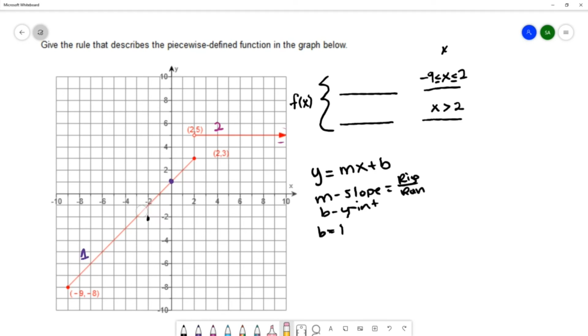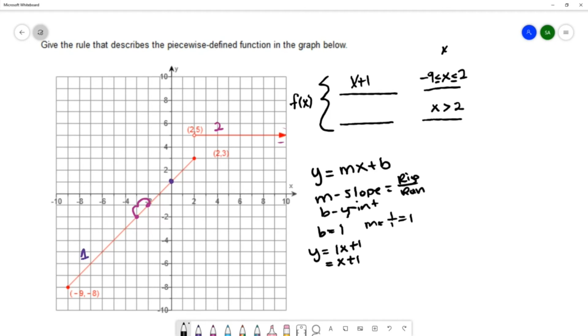And it looks like I have a lot of these, so maybe I could pick this one and this one. And I noticed that I would rise 1 and run 1. So my slope is going to be 1 over 1, which is 1. So I could have the equation being 1x plus 1, or just x plus 1. So that first equation is x plus 1.